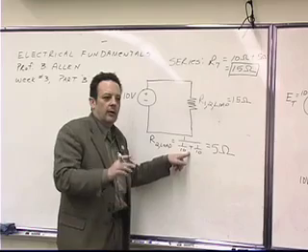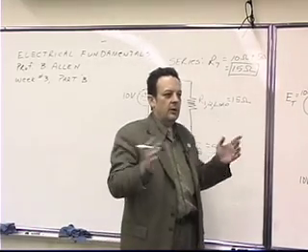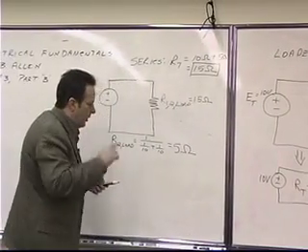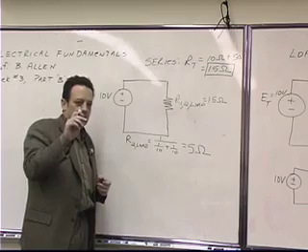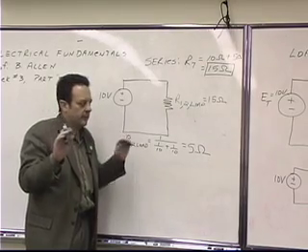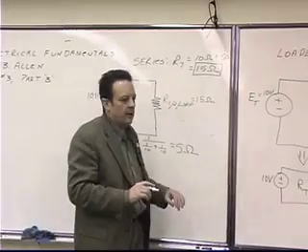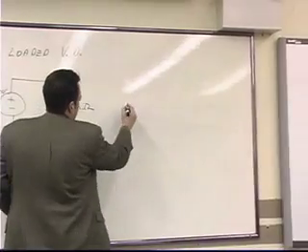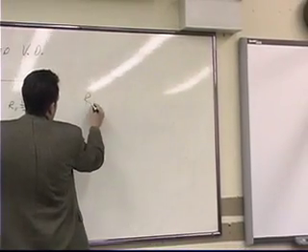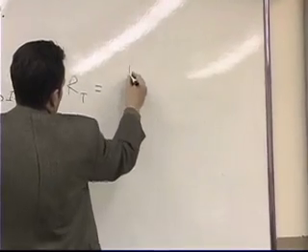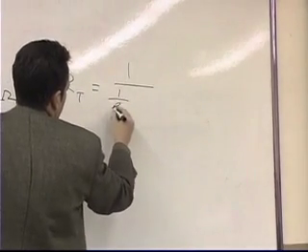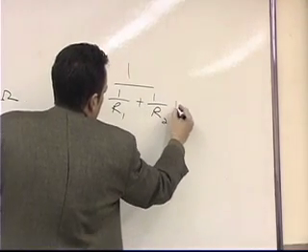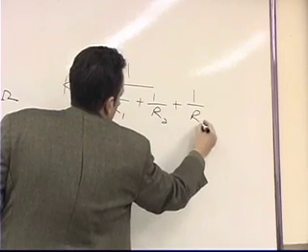Okay? Now, since we're capturing this on video, I'm only going to explain it really once, because you can rewind it. But my suggestion is, and there's a lot of ways to do it, my suggestion is the best way to enter it. Let's say that we have our total, which is equal to 1 over the inverse of R1 plus the inverse of R2 plus the inverse of R3.